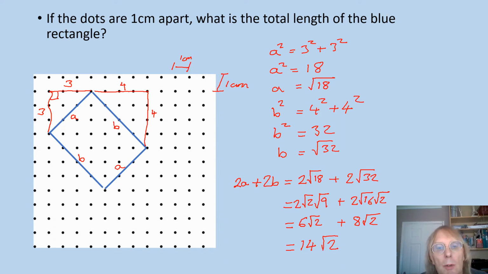This is quite a good question because you could alter this a little bit if you wanted to. So instead of going at 45 degrees there, you could have gone for some sort of an angle like that, couldn't you?